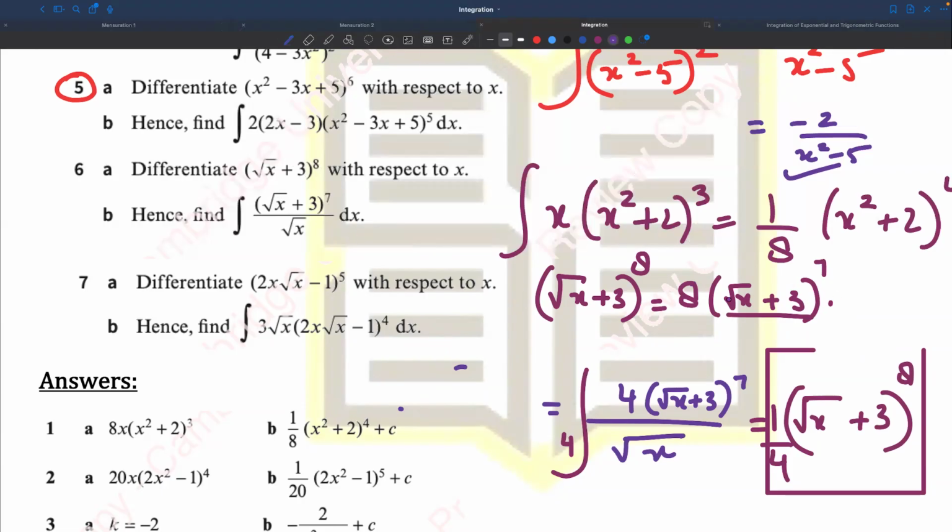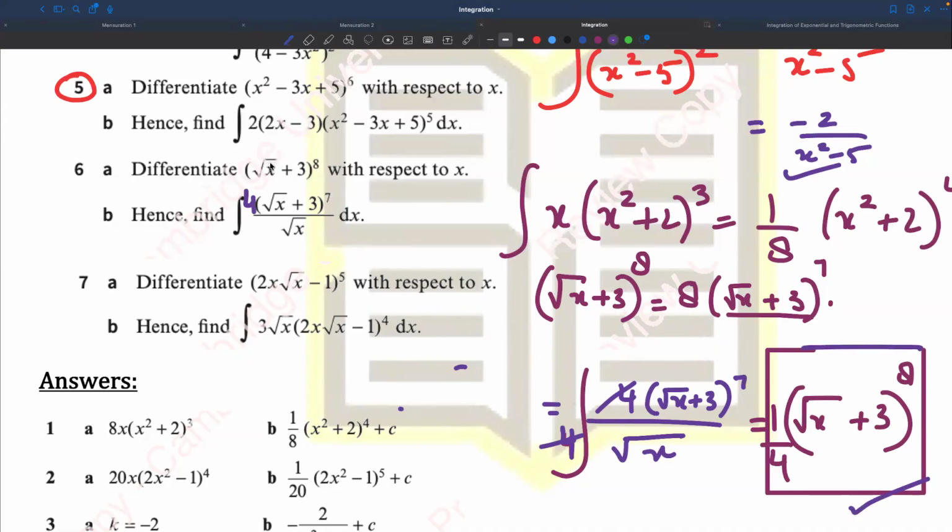So that was half x power minus half. So I wrote it like this. The 8 and 2 cancel out to make a 4, and the root x goes into the denominator. So we get 4 into root x plus 3 power 7 upon root x. Now in the question, there is no 4 over here. So I divided by 4 on this side to get rid of the 4, and I divided by 4 on the right hand side as well, and this will become my final answer. Got it?